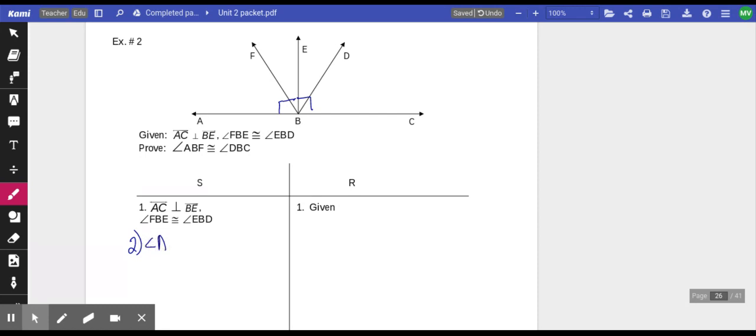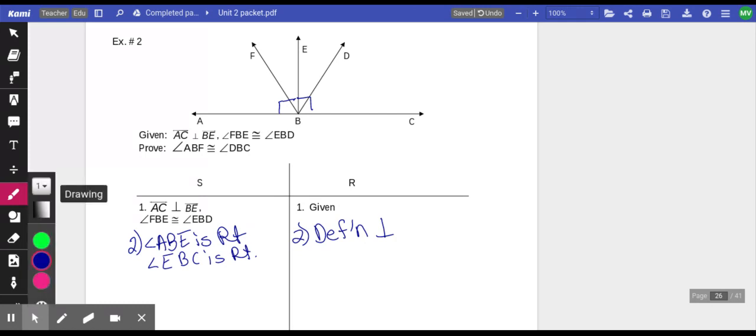So angle ABE is right, and we know that angle EBC is right. Notice I haven't even really read what I'm doing. I just took the given and filled it in, and my reason there is definition of perpendicular. Then I know that FBE is congruent to EBD.